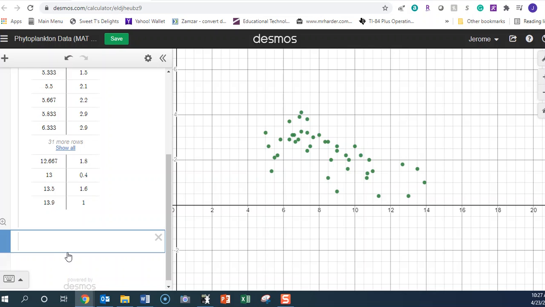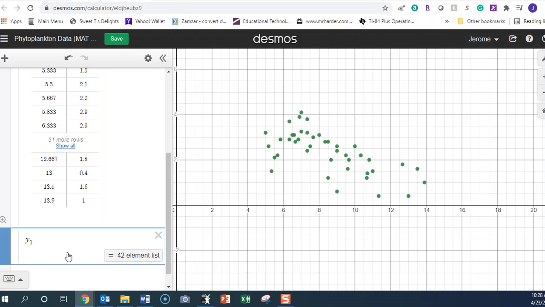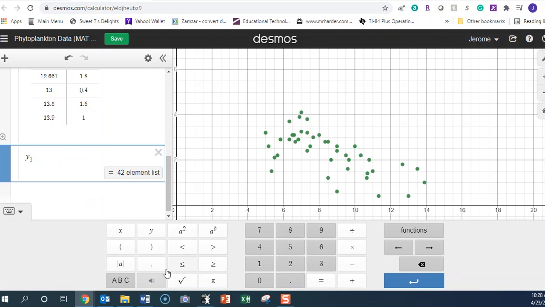It says create a rational regression model composed of a linear function divided by a quadratic function. Okay, so this is what we would need to do. Quadratic function and linear function both start off with y equals. So what we would do, we'll put y1, then we'll do the tilde.